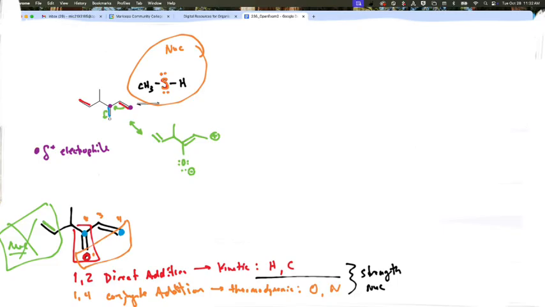So if we're looking at oxygen versus sulfur, we could evaluate based off of charge, size, electronegativity, resonance. Ultimately what we're going to find is that sulfur can stabilize that charge better, which means it is a weaker nucleophile than oxygen.